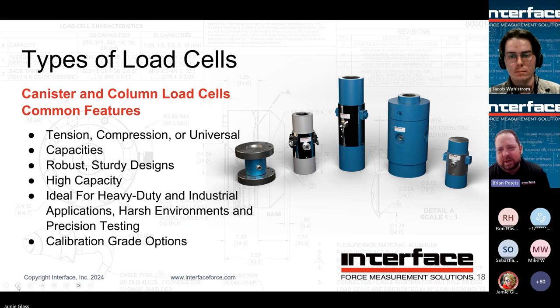Canister columns, these start to become good options as capacity increases. They scale in size against capacity better than, say, maybe an LP from a weight standpoint. They can perform very well if you have good instrumentation to support them. We actually use some of these in some of our calibration frames for reference.